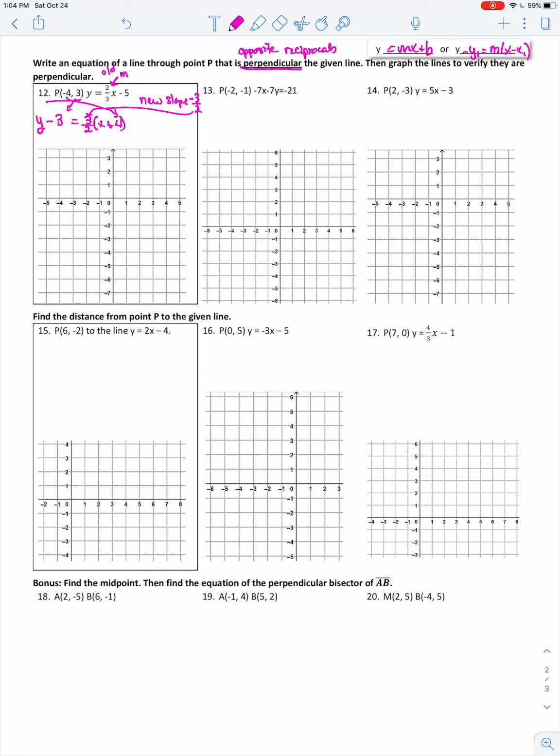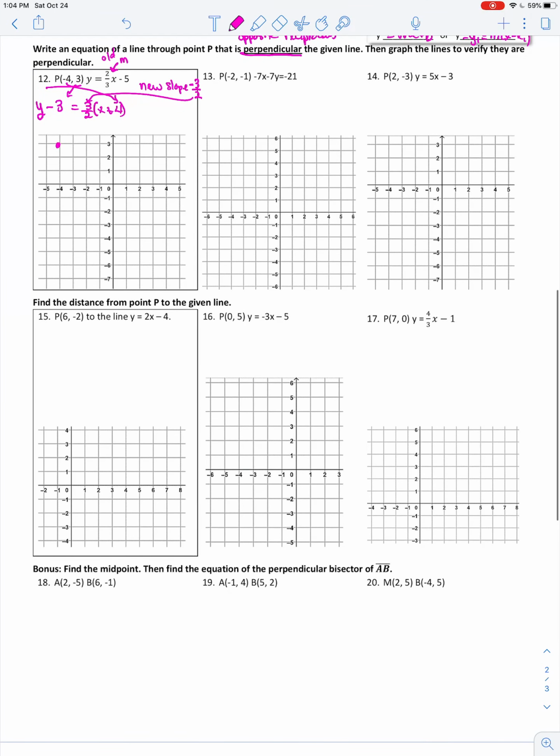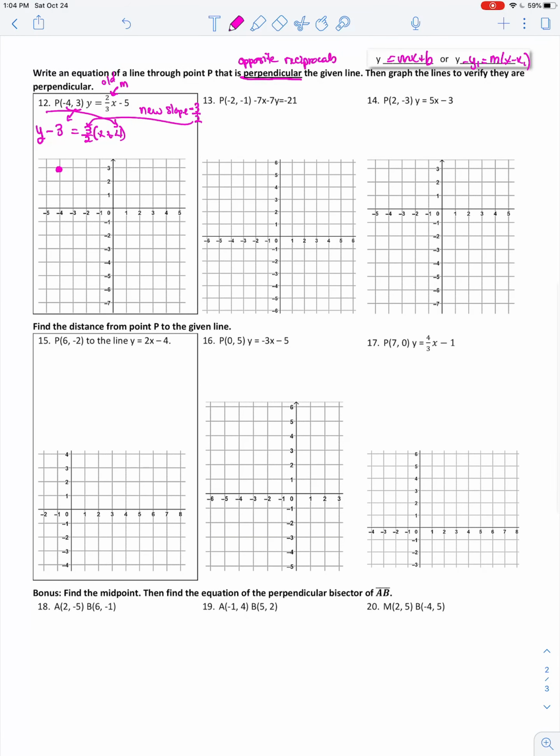So we can draw this line from negative 4 up 3 is our first point on this line, and then we can fall 3 and run 2, because our new slope is the opposite reciprocal of our original. So if we fall 3 and run 2, we can draw our new line.